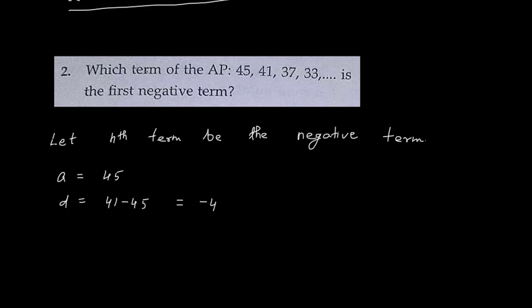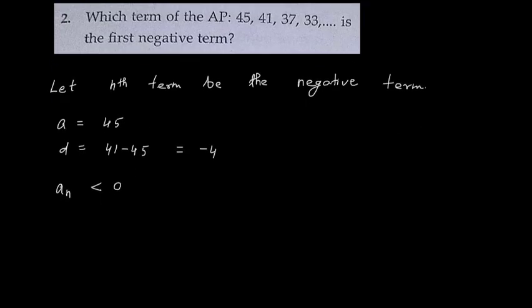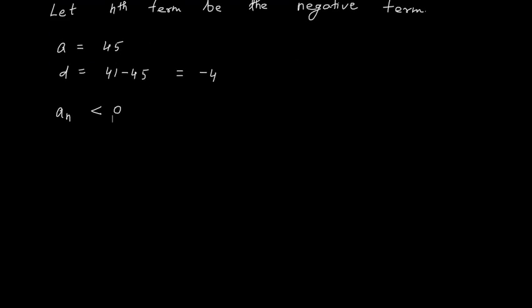Now An, the nth term, is negative. So An is less than 0, right? You know the formula for An, it is A plus (n minus 1) D. This should be less than 0.